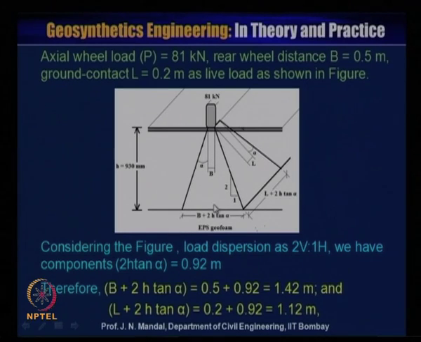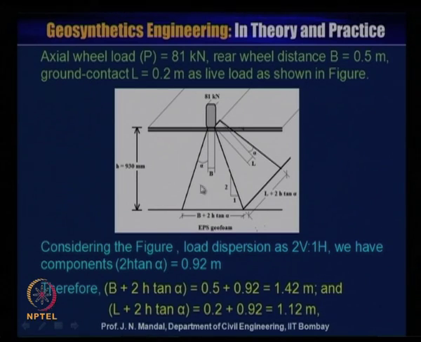So, you know that it is B plus twice H tan alpha, and L plus twice H tan alpha. This is making an angle of alpha, and here is the axial load of 81 kilonewton.